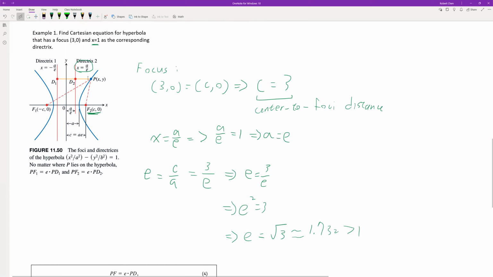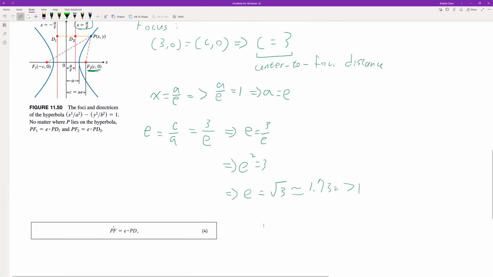And PD is the distance between the point and the directrix, right? So what we have here is that this formula actually tells us by applying the distance formula to find PF and PD, we will get either the equation for a parabola, an ellipse, or hyperbola.